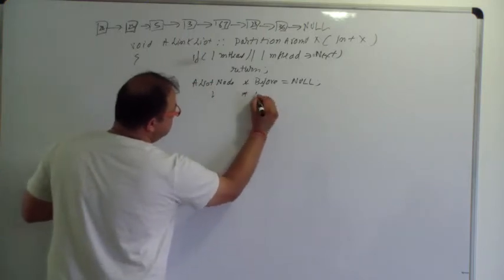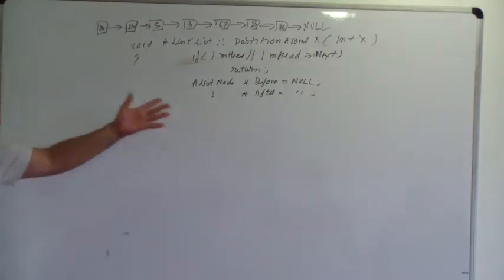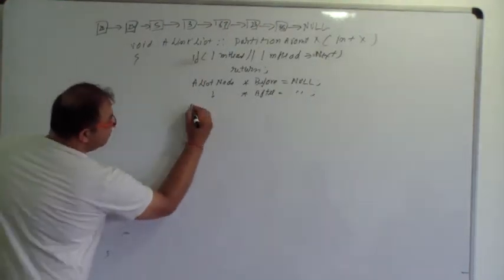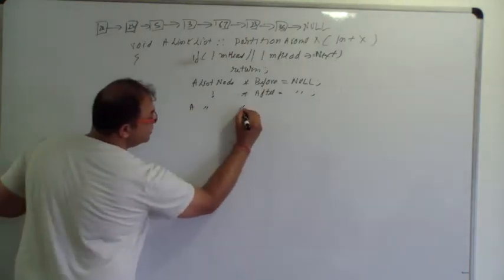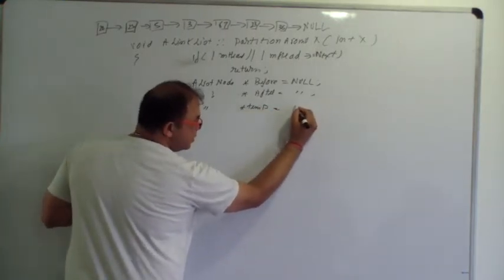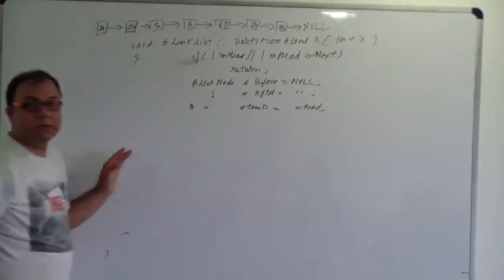Then we will take a temporary variable, ListNode star temp is equal to m head.